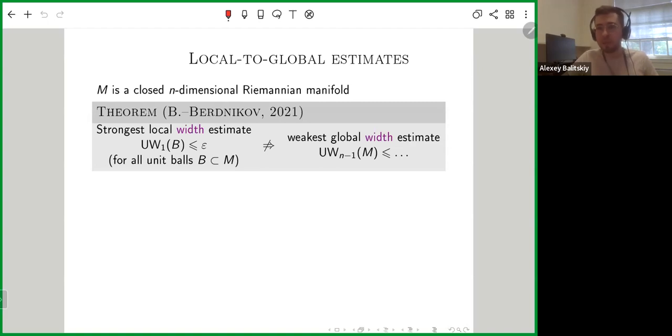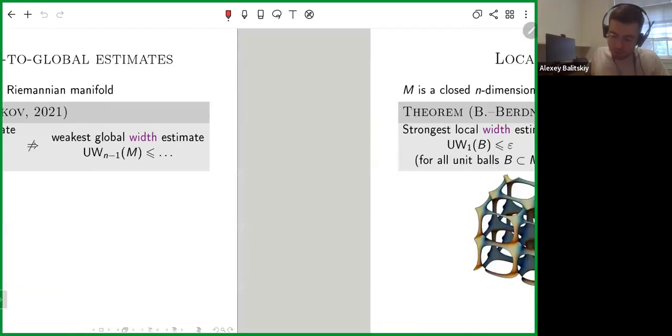As I mentioned, the first width is larger than all other widths, except for the zero width, of course, which is some kind of diameter or connected components, which is not that interesting. So we bound the largest width from above. This assumption does not imply anything about the global width.